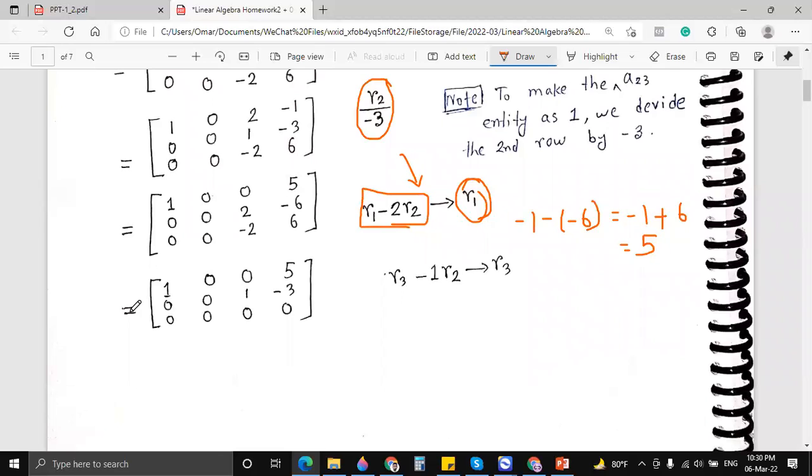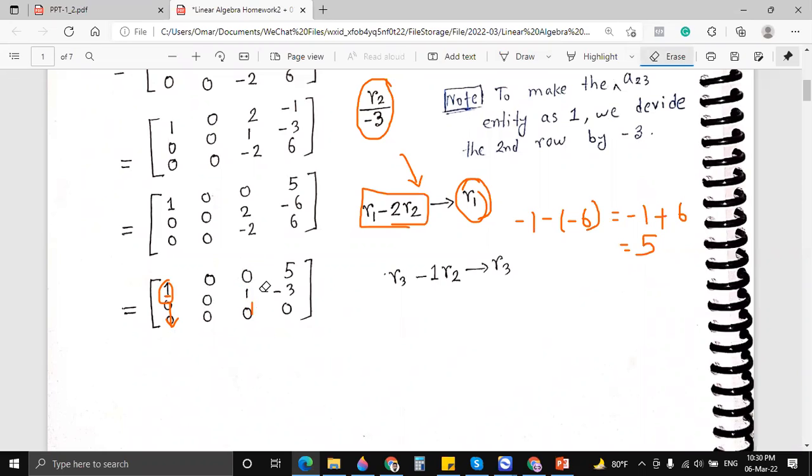Now the last line. By now we have got our first pivot point here, our second pivot point here, and all the entries below and above this first and second pivot point are now 0, right?